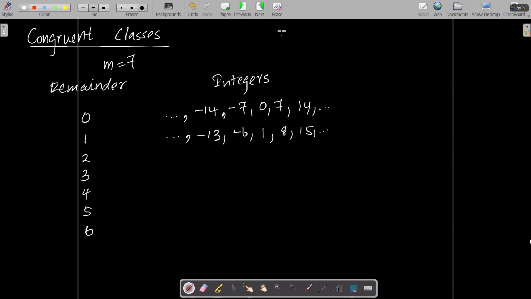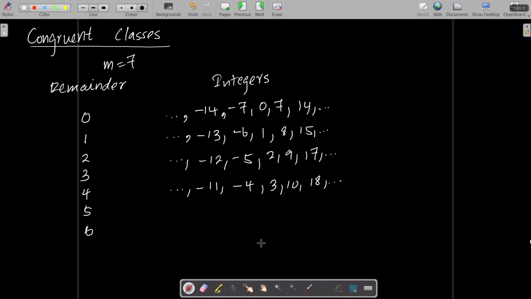Then 2 will have some, and this continues from minus infinity to plus infinity. And I will write another one, and you can complete this table after the session.